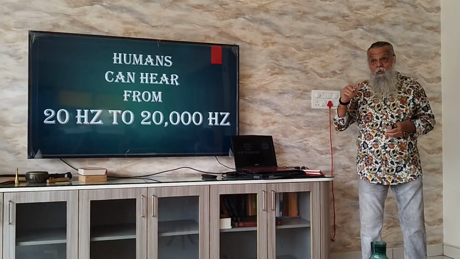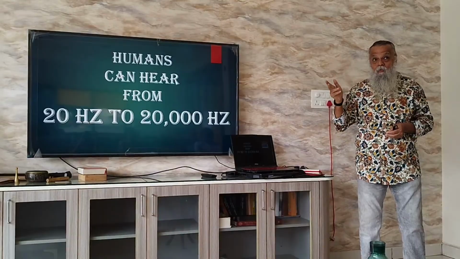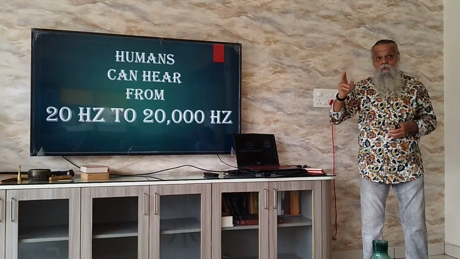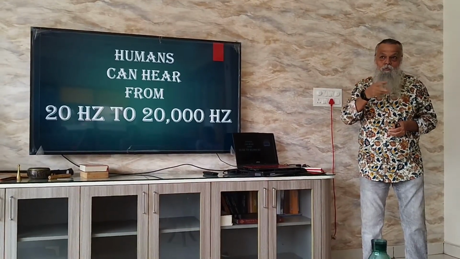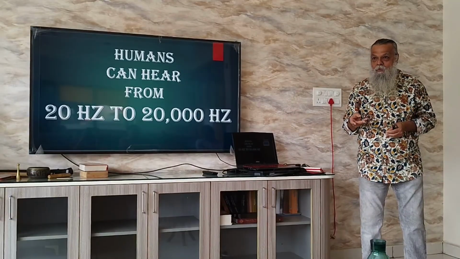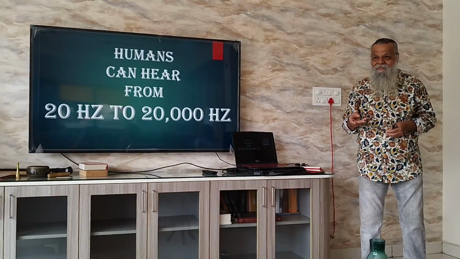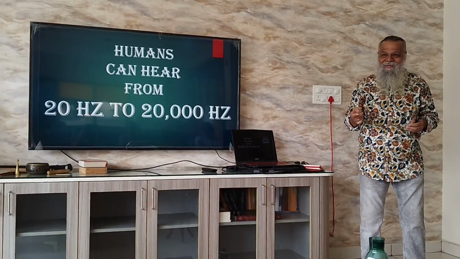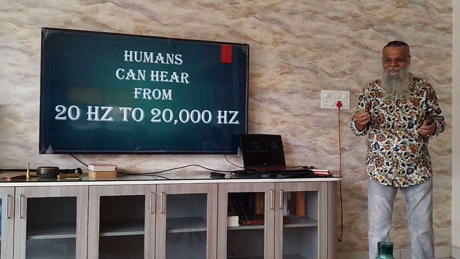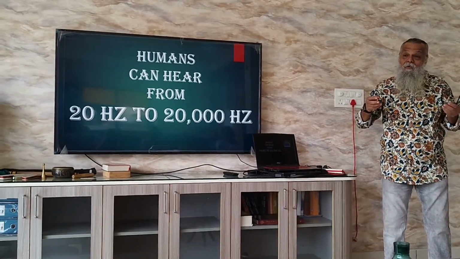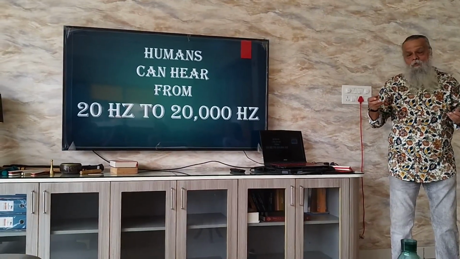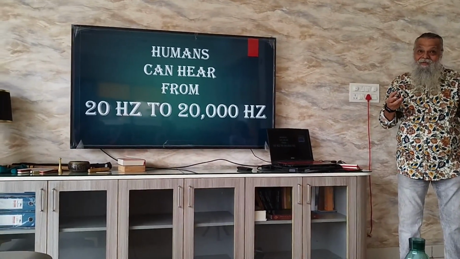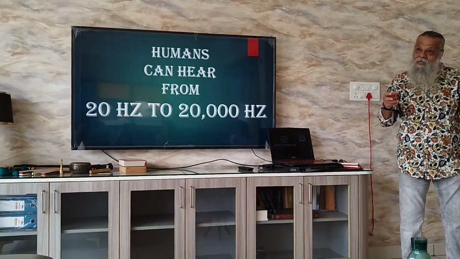There are some animals who even hear what is called ultrasound. Ultrasound is much higher frequency. Do you know any animal that hears ultrasound? Dolphins maybe, but there is an animal which hears ultrasound and it doesn't have eyes.